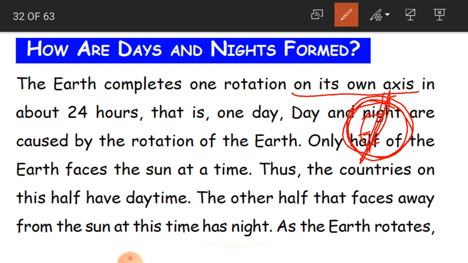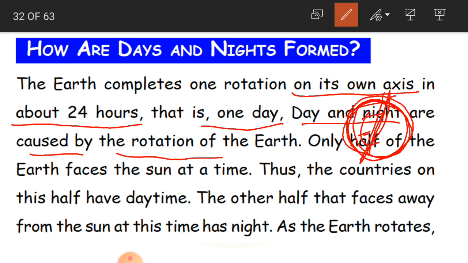To complete one rotation, that is one round around itself, the earth is going to take about 24 hours. So that is what? 24 hours is equal to 1 day in our calculations. And day and night are caused because of this rotation of the earth.